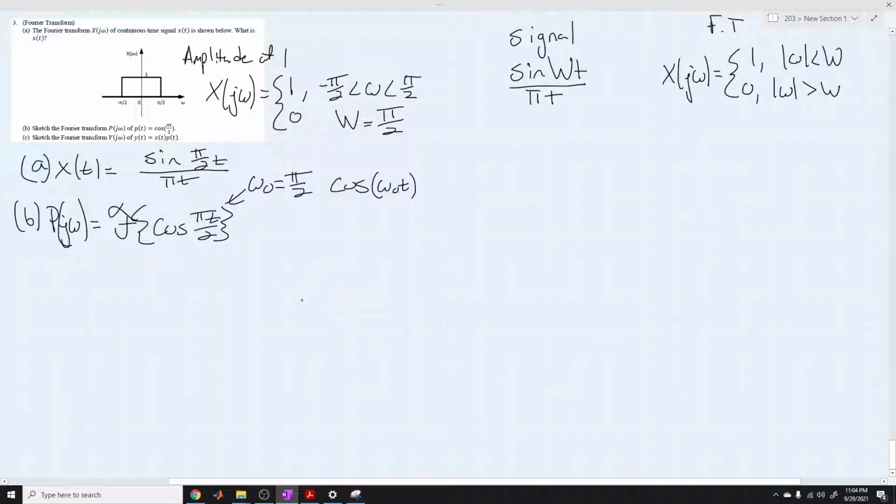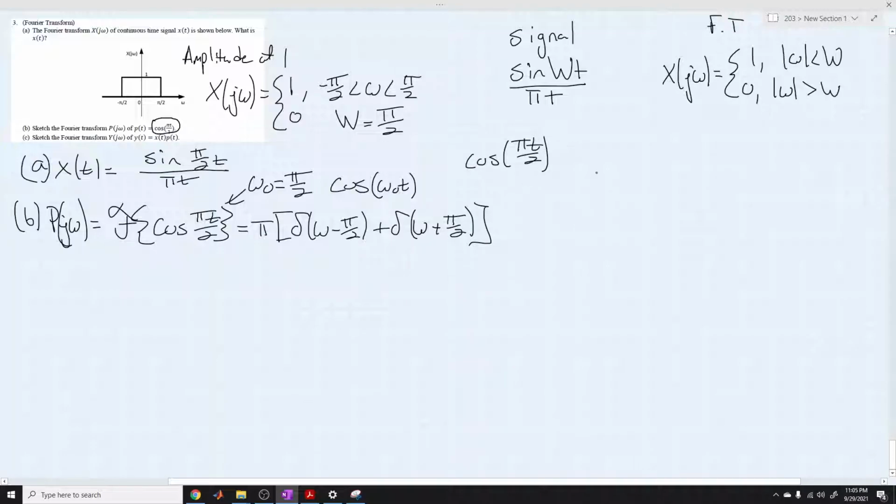And the Fourier transform of a cosine function is pi times delta of omega minus omega naught, plus delta of omega plus omega naught. In this case, that's delta of omega minus or plus pi over 2. And what this is saying is, we have this cosine of pi t over 2.